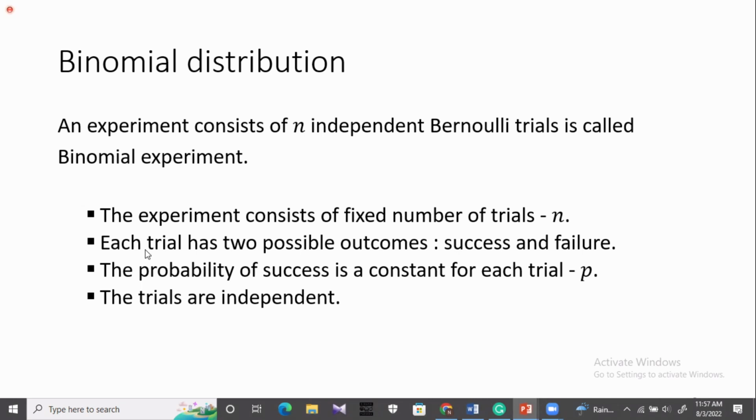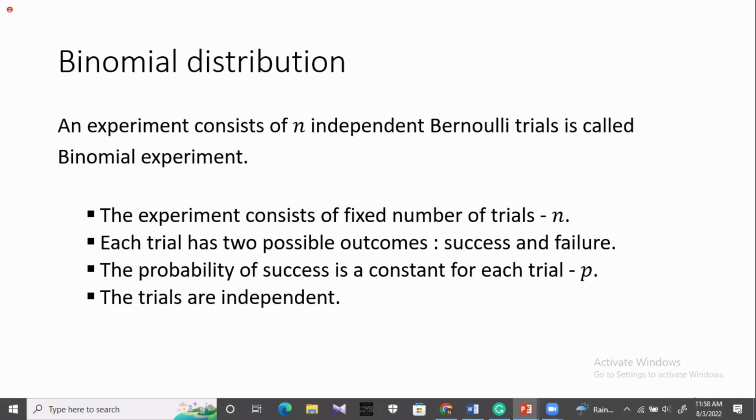Understand? Each Bernoulli trial has two possible outcomes, success or failure. The probability of success is constant for each trial, that is p, and those trials are independent. That means the outcome of any trial does not depend on the outcome of any other trial.